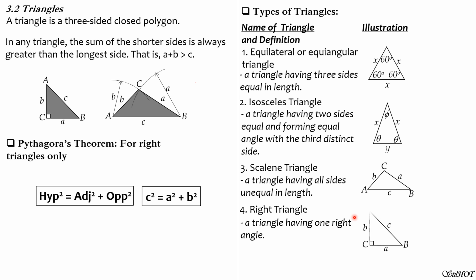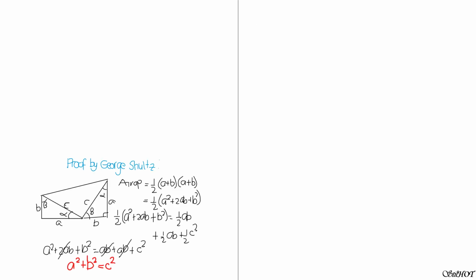And that triangle is the one where we can apply the Pythagoras theorem. So let us continue with the types of triangles. Next we have an oblique triangle.